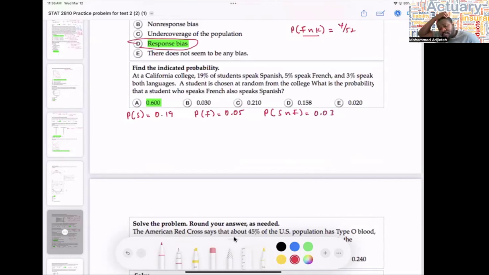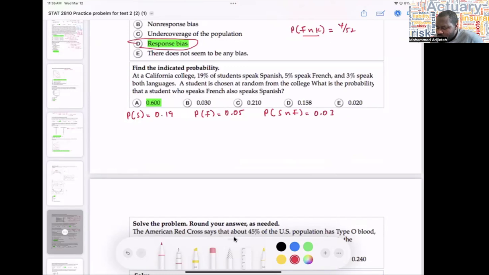Now, here is a question. A student is chosen at random from the college. What is the probability that a student who speaks French also speaks Spanish? You already speak French. What is the probability that you speak French, you also speak Spanish?